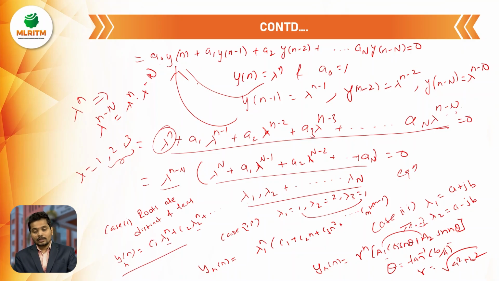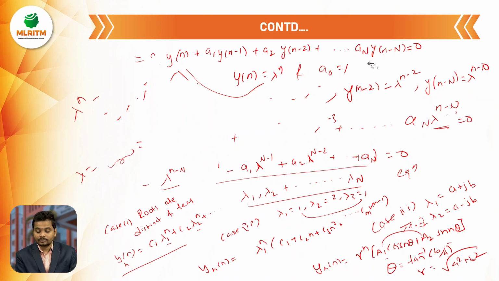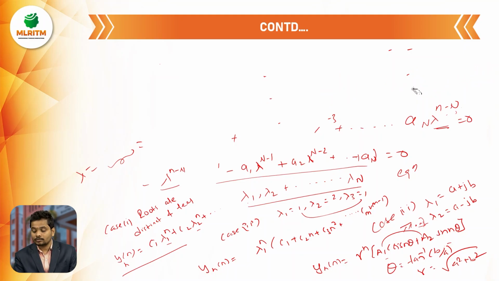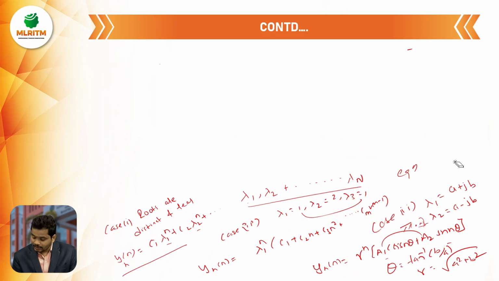So what about the particular integral? Next we will see the particular integral. The particular integral depends upon the input side: whatever input I have given, the output will come accordingly. For that we have a table giving the general form for each x of n.